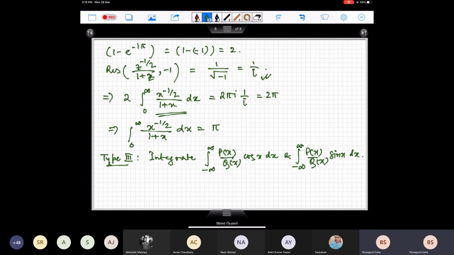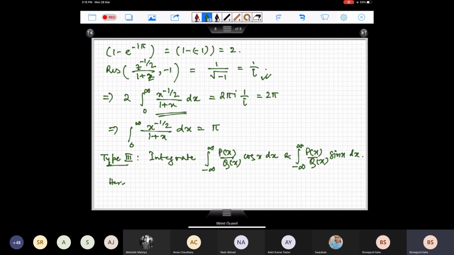If some of you remember the Dirichlet test for infinite series, there you will see that when you take a product with sine and cosine, all you need is some factor taking it to 0. So really what you need is that degree q is bigger than degree p. That's good enough. You don't need degree 2. Degree 1 is good enough.